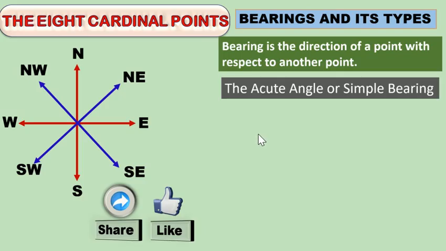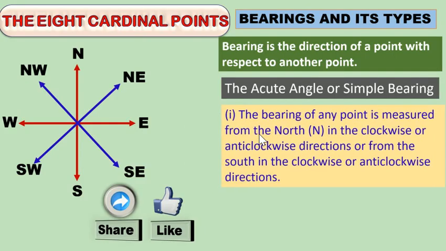So the acute angle or simple bearing, what is it? The bearing of any point is measured from the north in the clockwise or anti-clockwise direction, or from the south in the clockwise or anti-clockwise directions. So please, in these formats, you can only measure from the north or south.